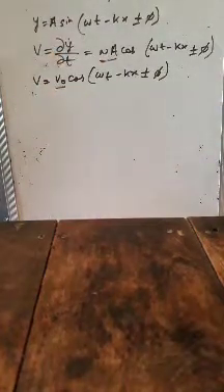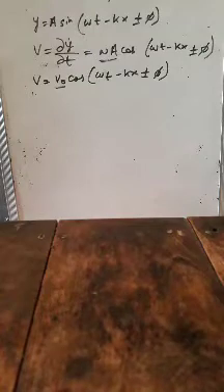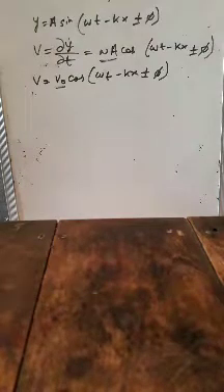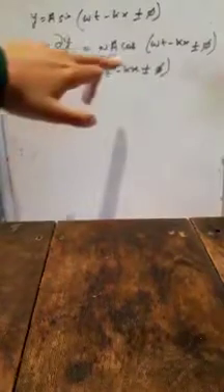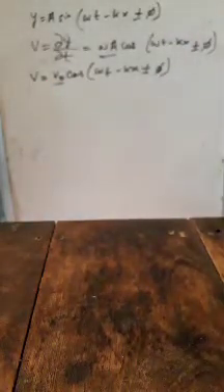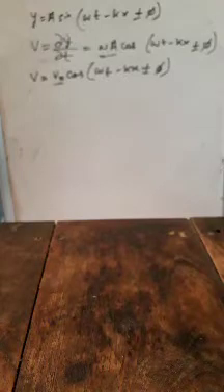This V naught, the constant we are putting in place of omega A, is called the velocity amplitude. So this V naught is called the velocity amplitude of the particle in a progressive wave.